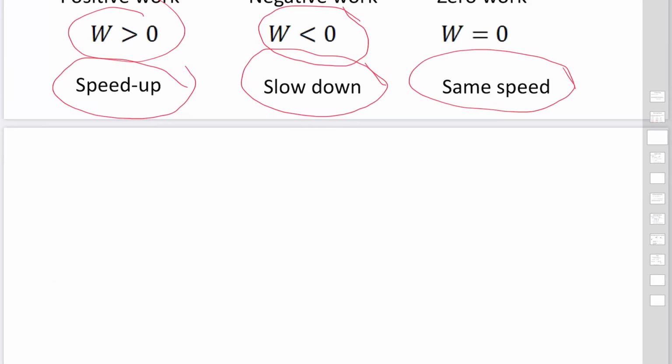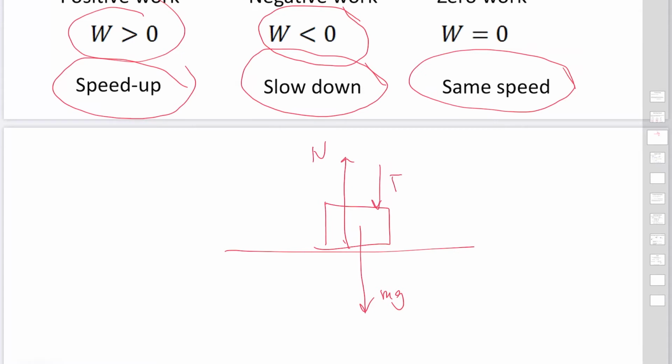In this situation, the gravitational force mg is balanced with the normal force. When the applied force F is perpendicular to the ground, the normal force increases to balance the applied force.